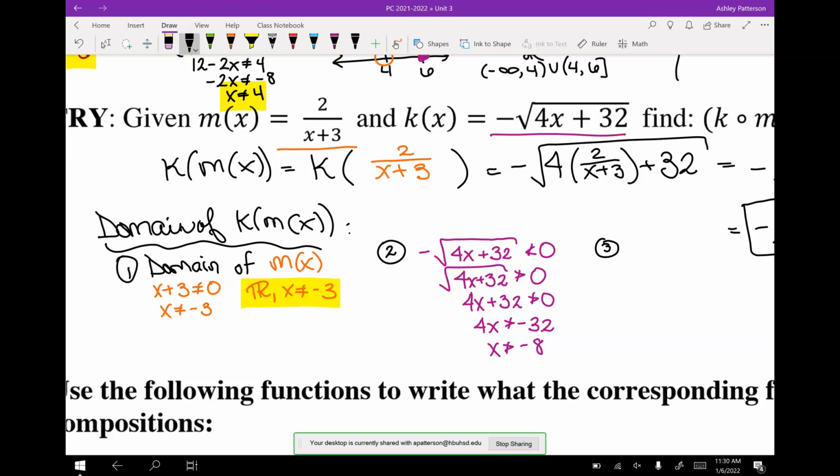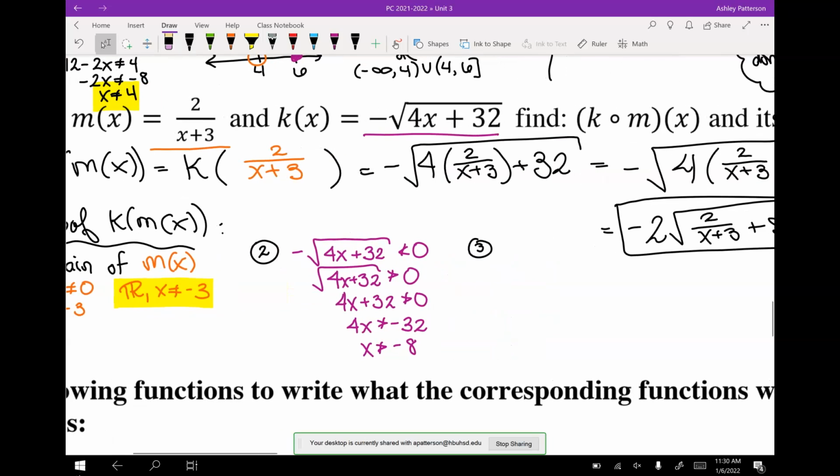We need to know what values of x are going to make 2 over x plus 3 greater than 8. So 2 over x plus 3 cannot be greater than negative 8. All right, similar to what we saw in the previous example, let's multiply both sides by x plus 3.